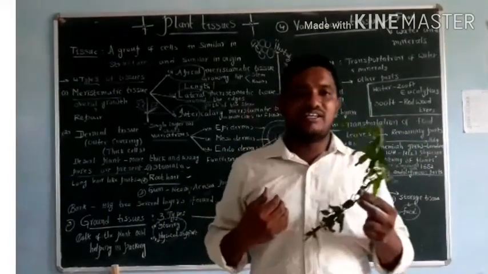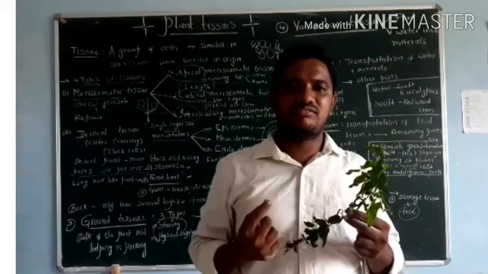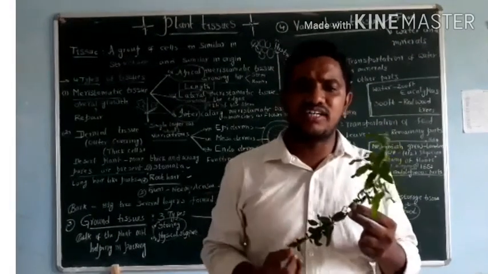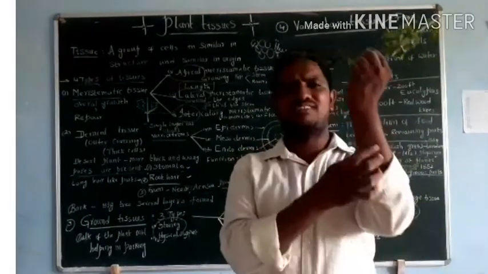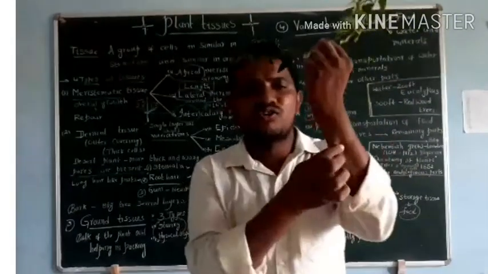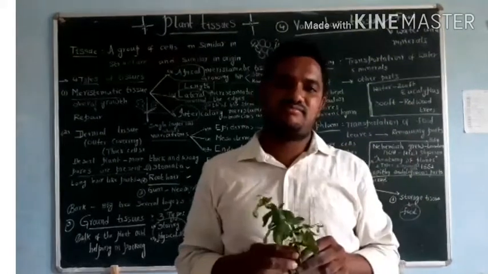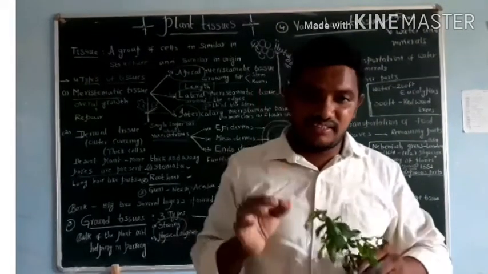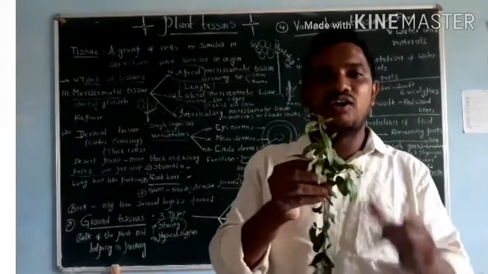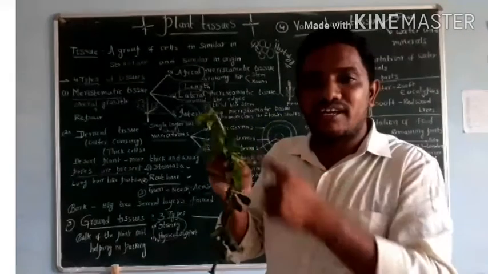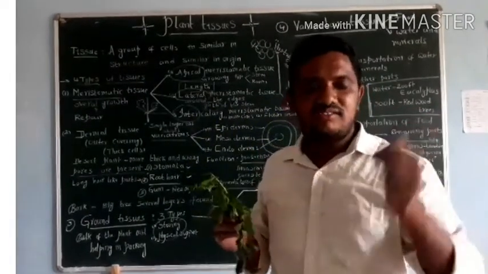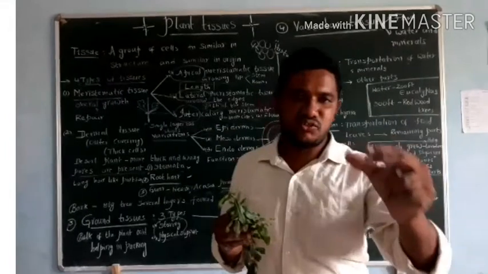Our body is covered with one tissue, for example skin, the outermost layer that covers the inner parts. In the same way, the plant body is also covered with an outer membrane, called dermal tissue.